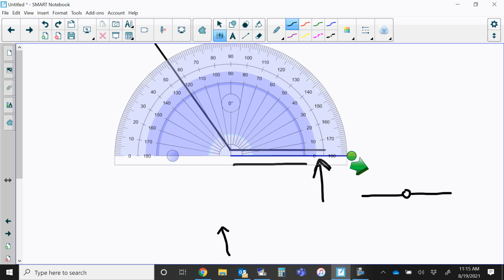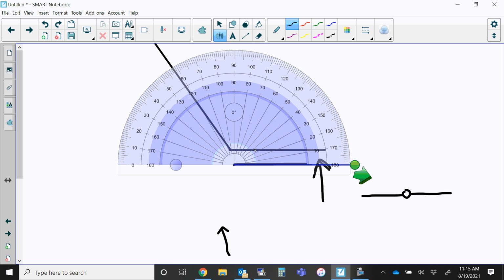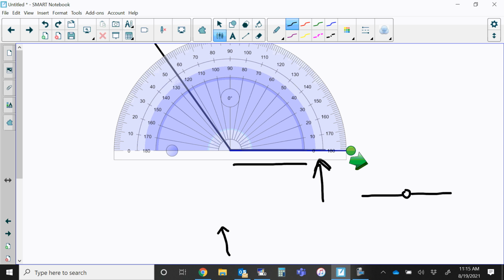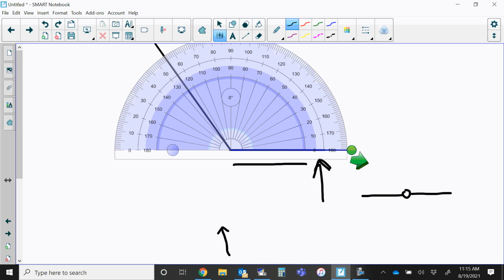So if that was my bottom line, do you see how I'm lining it up with the 0? You follow, yes or no? And then when I go and I measure this, do you guys notice that there are 2 sets of numbers, a top and a bottom number? Where is my 0 when my line is going this direction? Which one of these is 0, the bottom numbers or the top numbers?